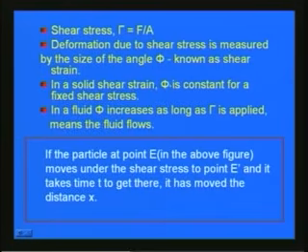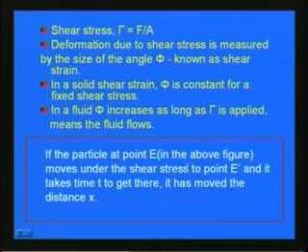If you consider a solid, this phi is constant for a fixed shear stress, but in a fluid phi increases as the shear stress is applied, meaning the fluid is flowing. Since the fluid is flowing, phi will keep increasing, and this variation depends upon the type of fluid.